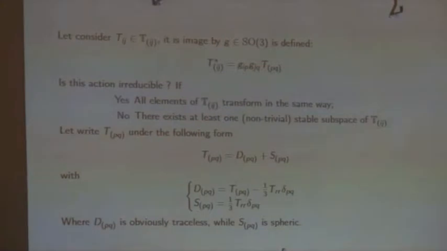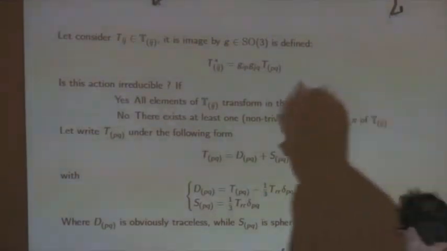So the question is: does any element within this vector space behave in the same way? If yes, this decomposition is irreducible. And if no, we can split our space. So everyone knows that you can write any second-order symmetric tensor in that way.